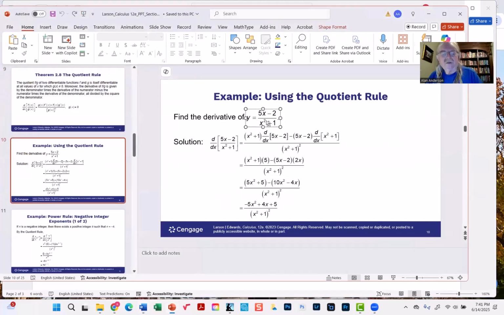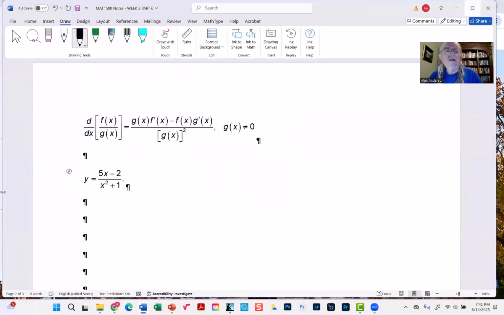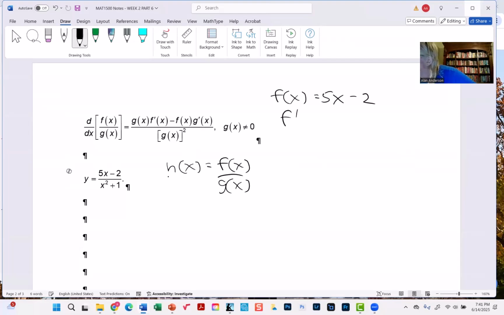All right, let's try this one. What you could do is write this as h of x, f of x over g of x. And in this case, that means that f of x is 5x minus 2, f prime of x is 5, g of x is x squared plus 1, and then finally, g prime of x will be 2x.